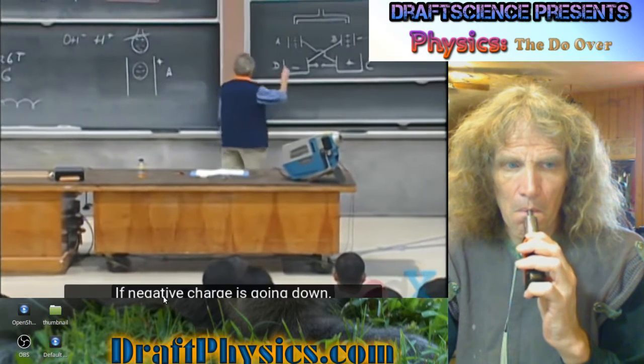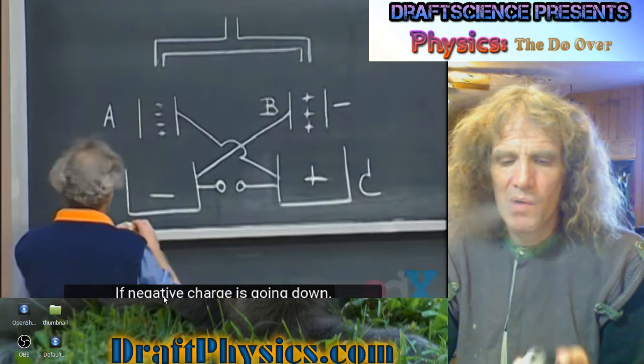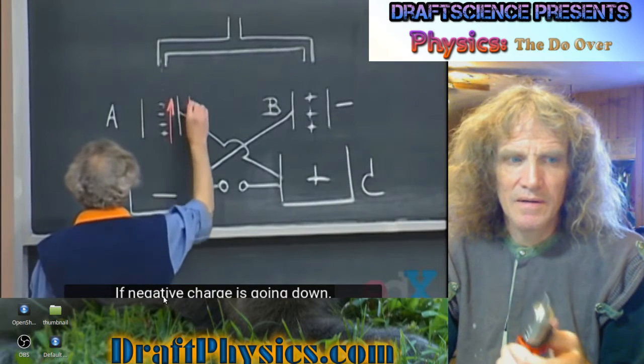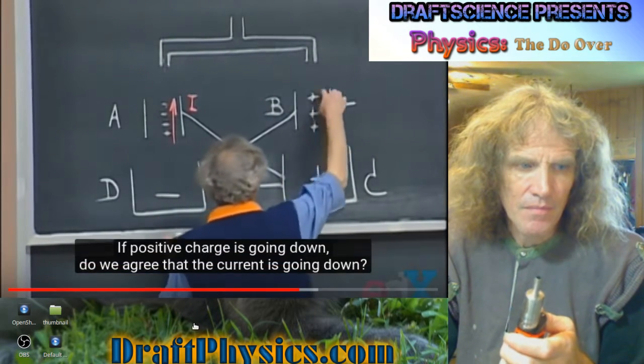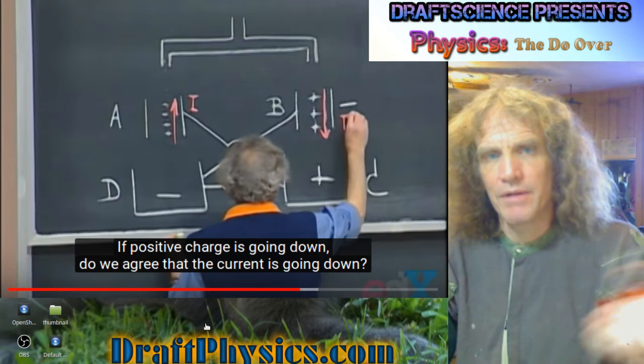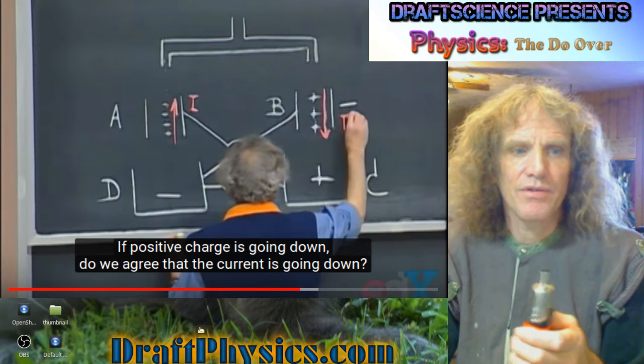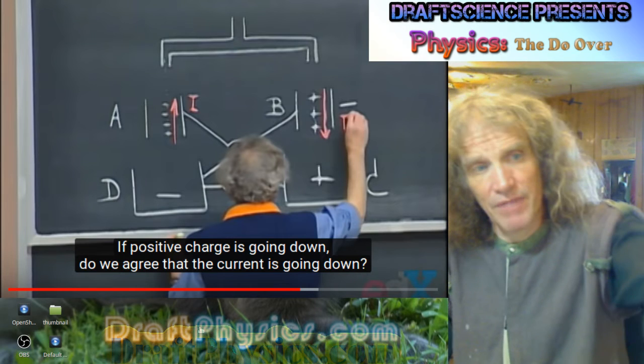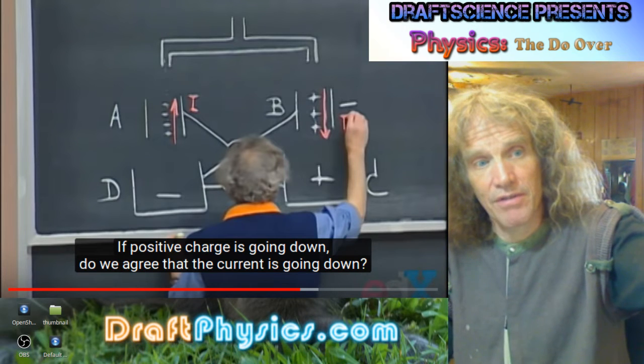How is the current flowing? If negative charge is going down, would we all agree that the current is going up? If positive charge is going down, do we agree that the current is going down? No, we don't agree that there's currents at all, so that happened already in the spout. You're done having currents.